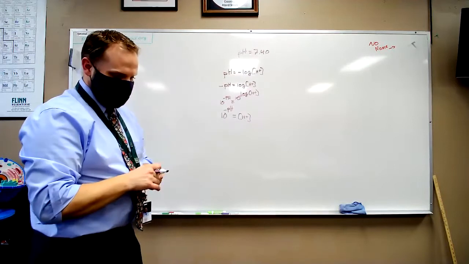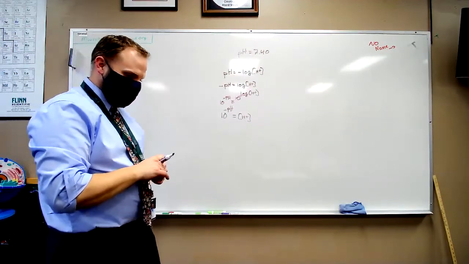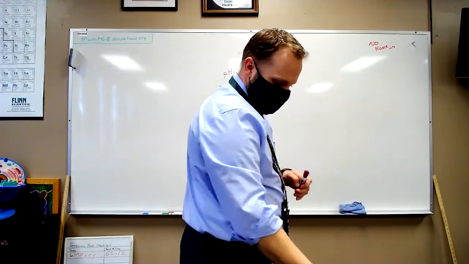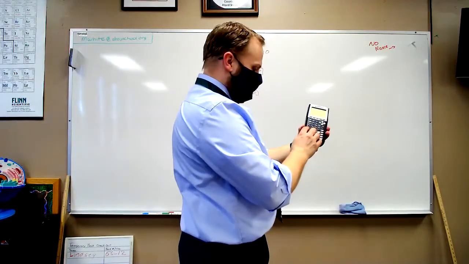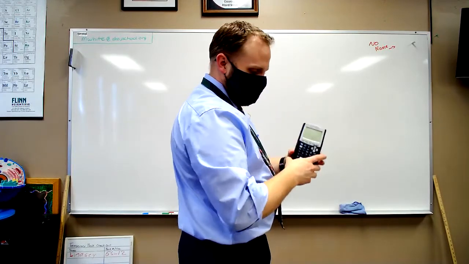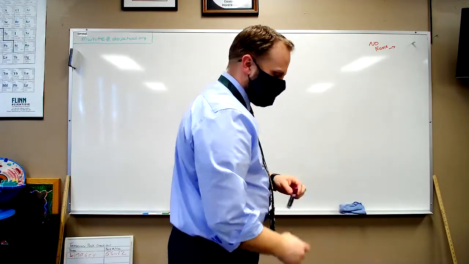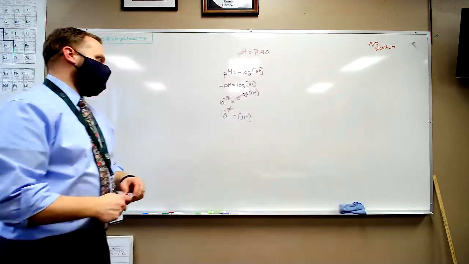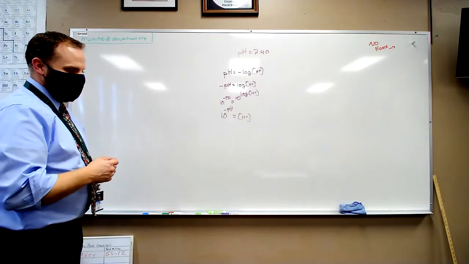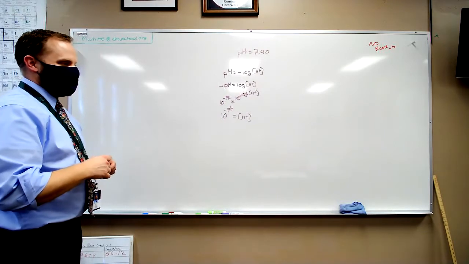One thing that will probably help you: calculators tend to put opposite functions on the same button. So if I wanted to get rid of a log, I do second and then push the log button, and that has a 10 to the power of. So that should help you get familiar with your calculator.